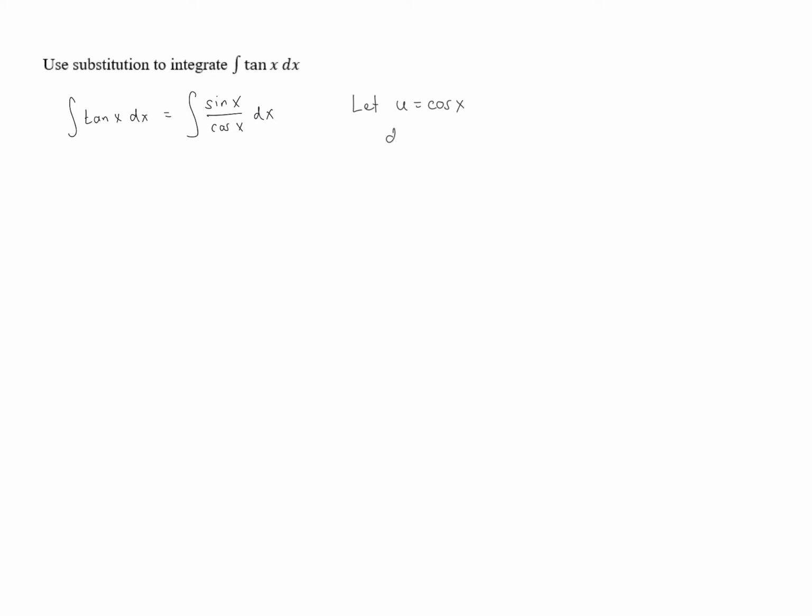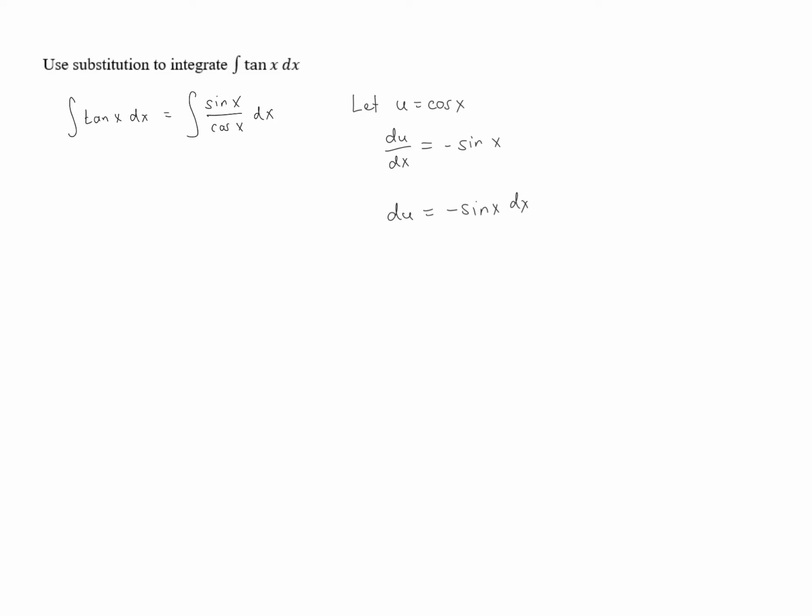The derivative of cosine is negative sine, so this is going to be negative sine of x. And when we move that dx over, we've got du equals negative sine x dx.